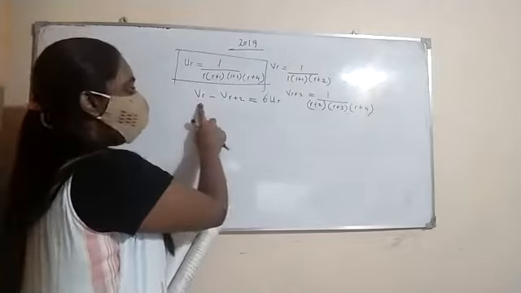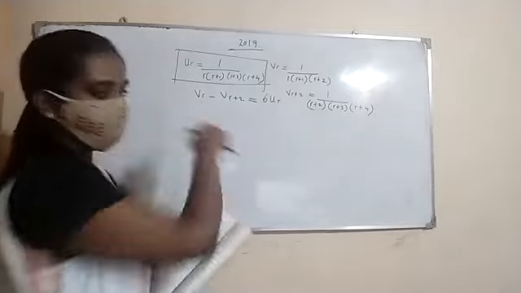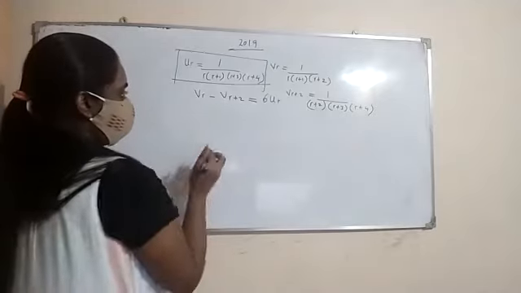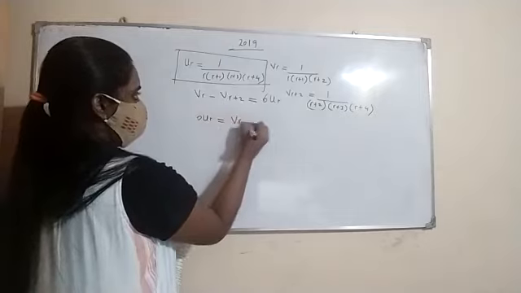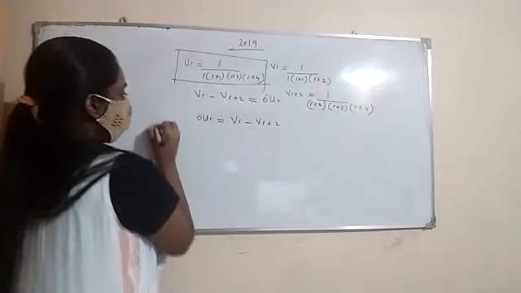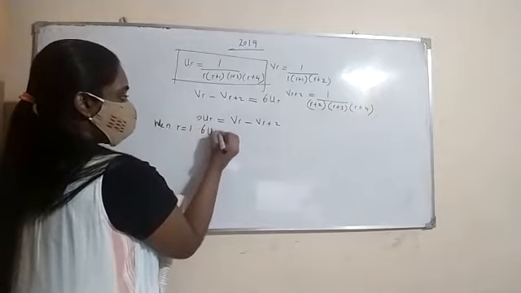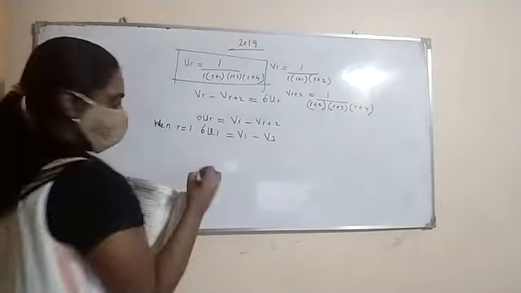So VR minus VR plus 2 is equal to 6UR. Now I am going to put R equal to 1. I am writing the expression 6UR is equal to VR minus VR plus 2. When R is equal to 1, I get 6U1 is equal to V1 minus V3.